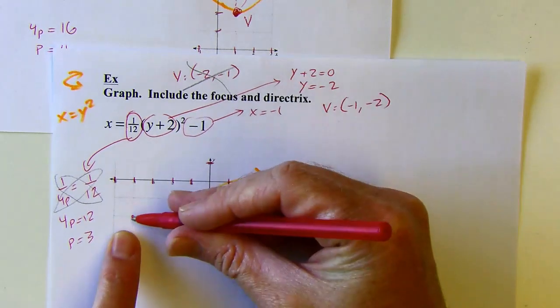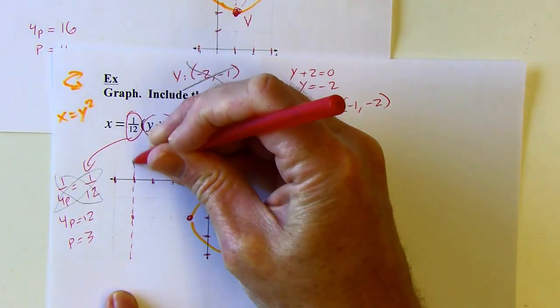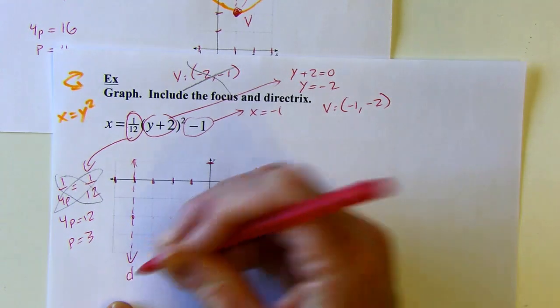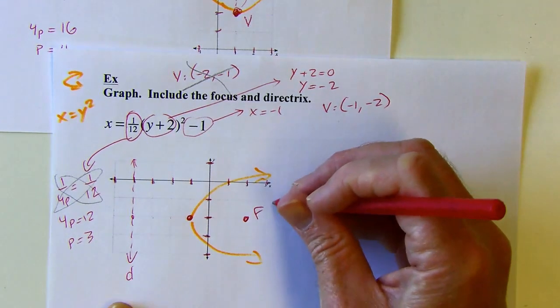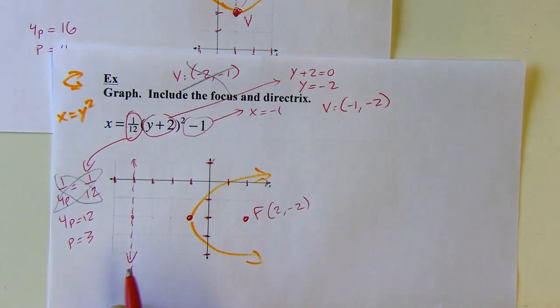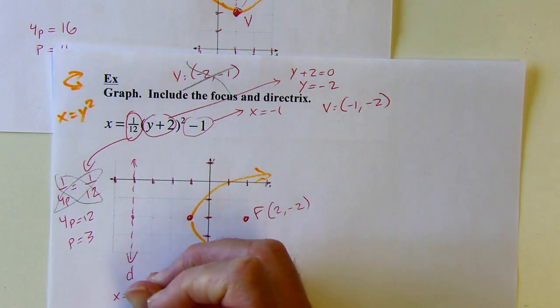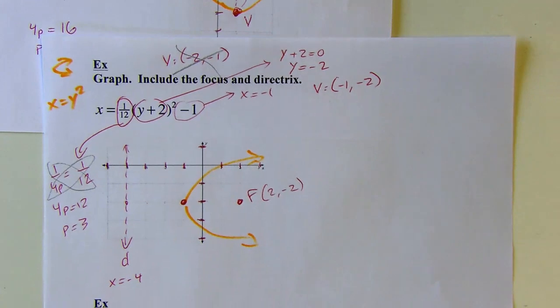I'll just put a little mark. And then I'm going to put a vertical line that goes through this. And here is my directrix. Okay, so let's see. The focus was 2, -2. And the directrix would be the line x equals -4. Okay. All right.